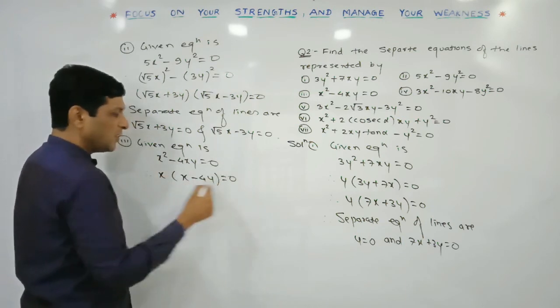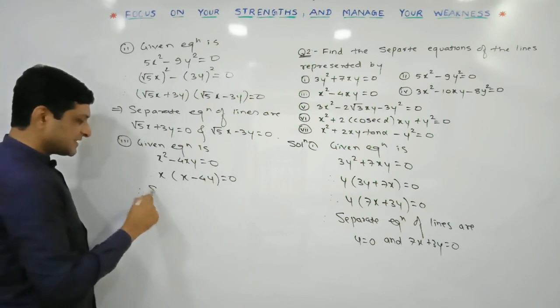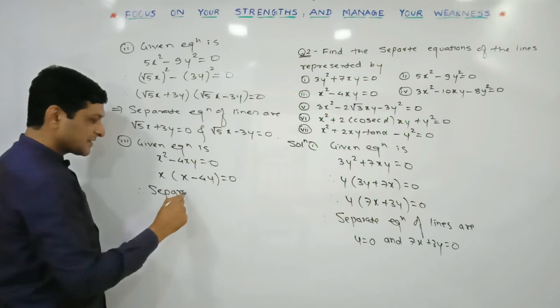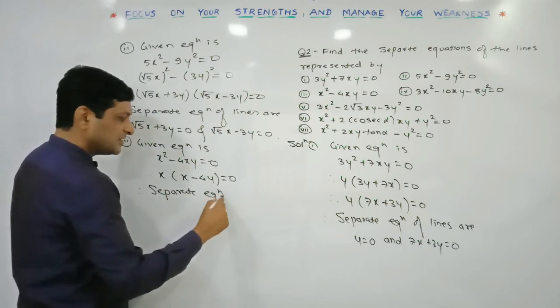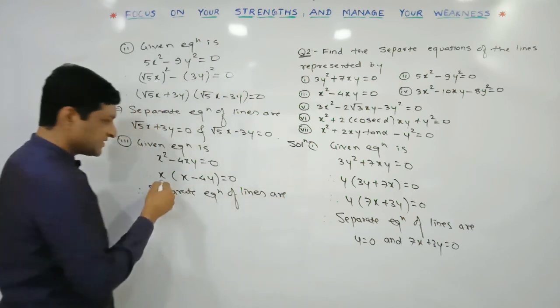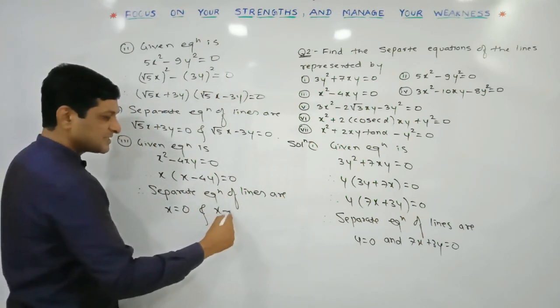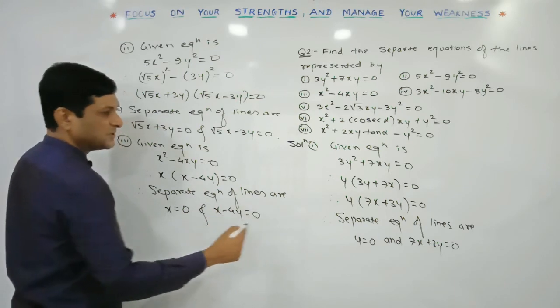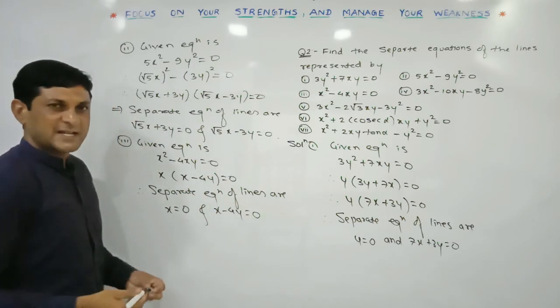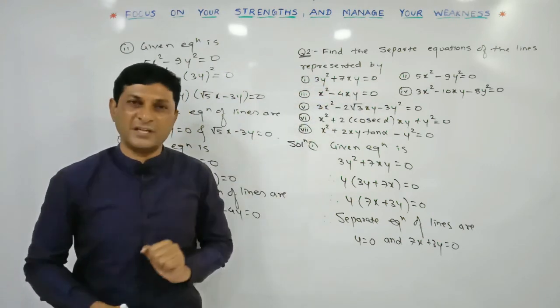In this way we have got two factors. So we can say that therefore separate equations of lines are: the first equation is x is equal to 0 and the second equation is x minus 4y is equal to 0. In this way, using factorization method, we have got the separate equations of the first three equations.